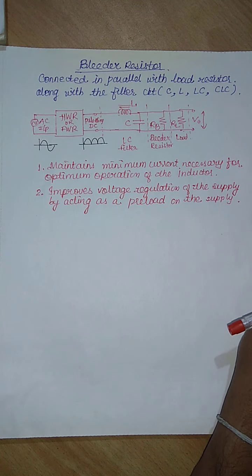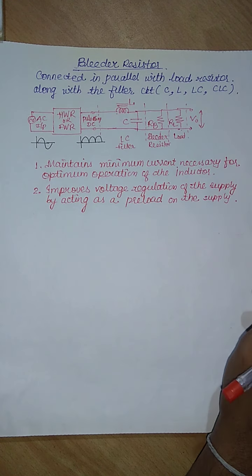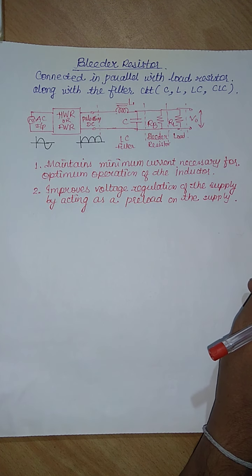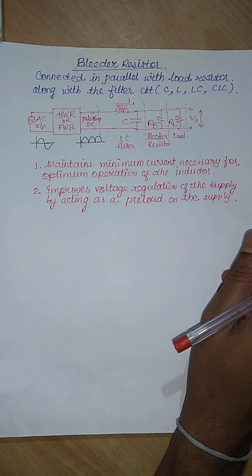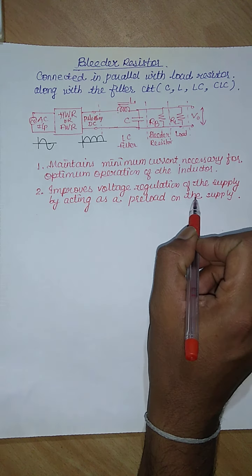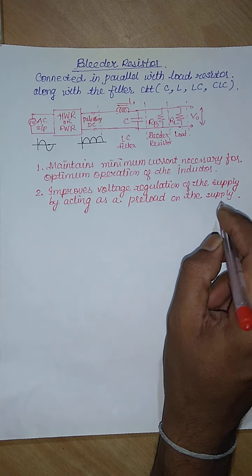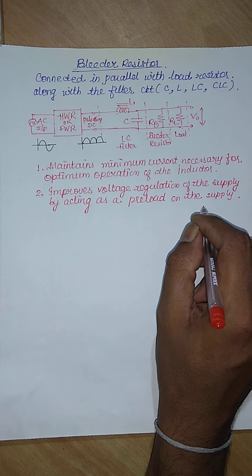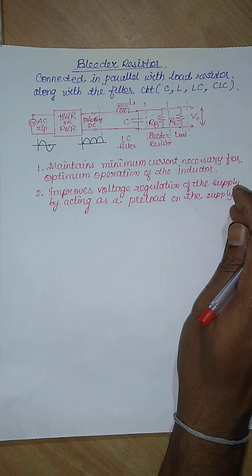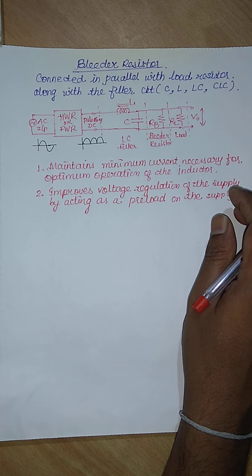Voltage regulation is the ratio of change in full load voltage with respect to no load voltage. This voltage regulation can be studied in detail when we study regulated power supplies, or when we study the Zener diode as a voltage regulator. Then we will see the two features of the Zener diode voltage regulator, such as line regulation and load regulation.